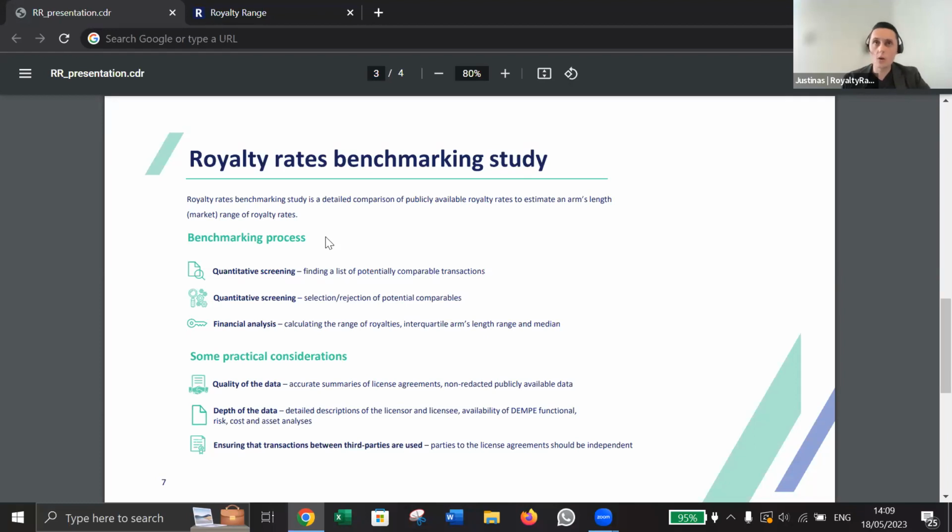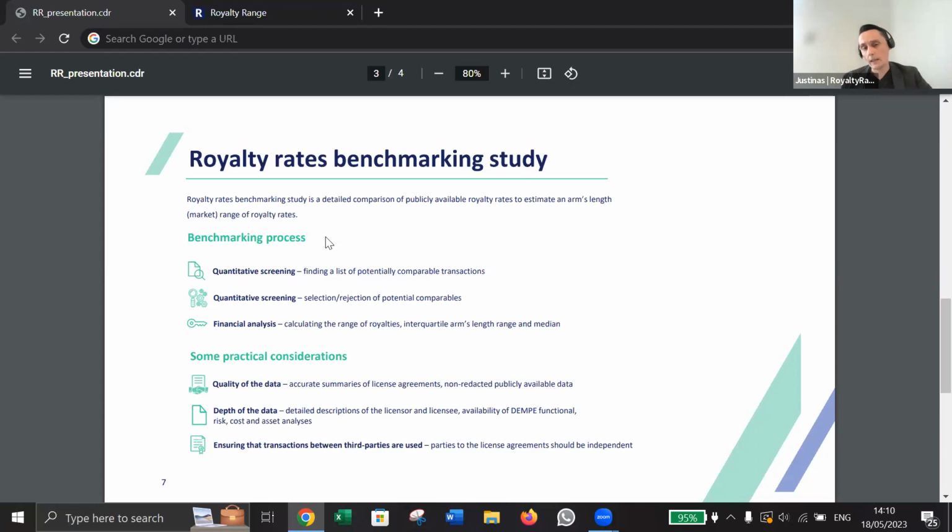So first of all, quality of the data. If you work with high quality comparables, you will not have to spend that much time on the screening. Quality of the data can be expressed in things like accurate summaries of licensing agreements, non-redacted data, publicly available comparables, royalty rates being available, and so on and so forth.